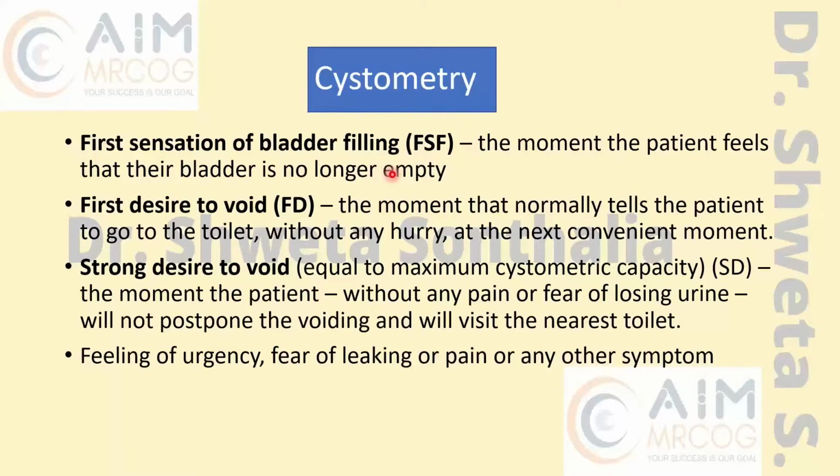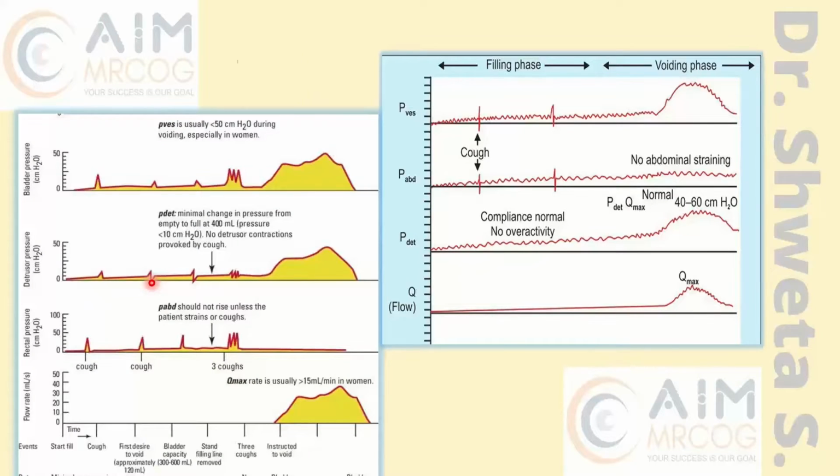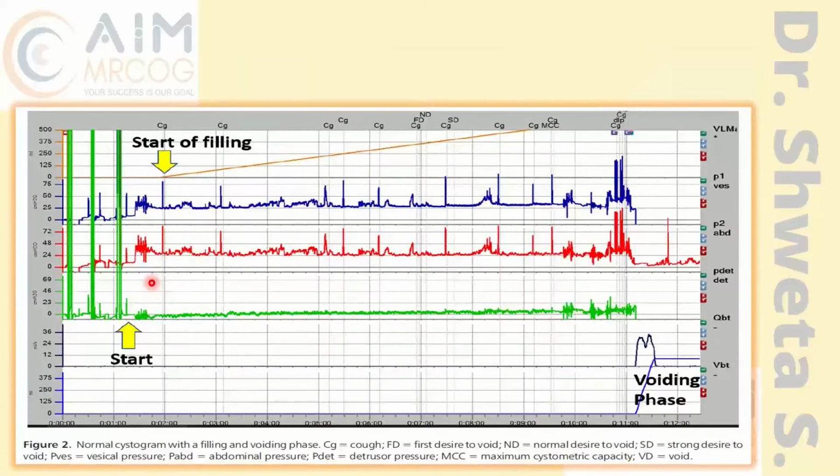So you have to understand some simple things, like first sensation of bladder filling. First sensation, very important. FS, first sensation. FD, first desire. SD, strong desire. In the graph, if you see, it will be written cough, cough, to check that it is working well, and both are simultaneously increasing.